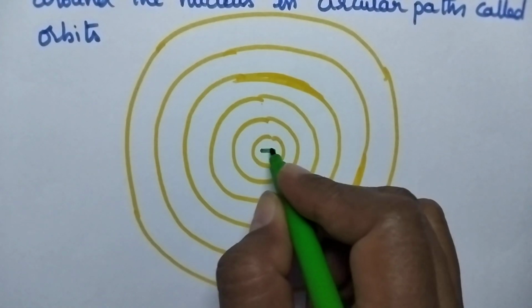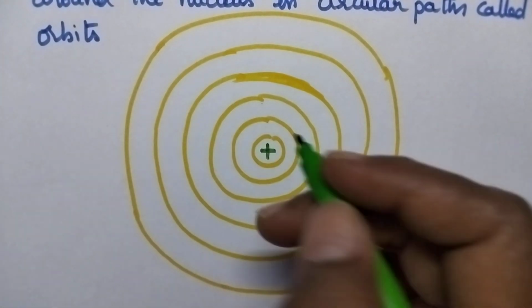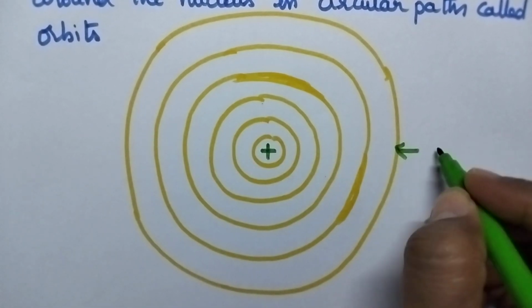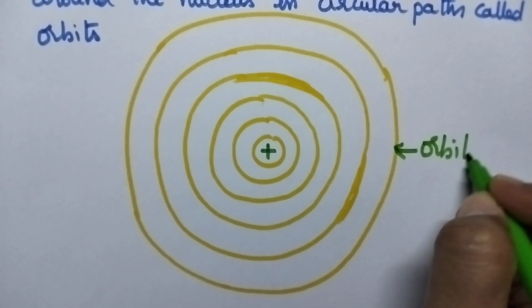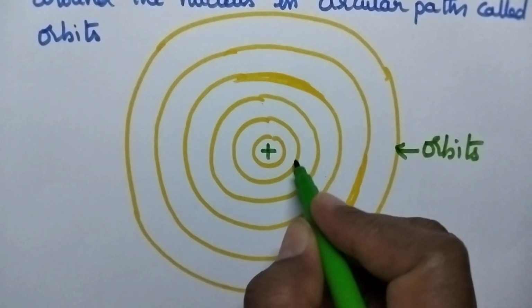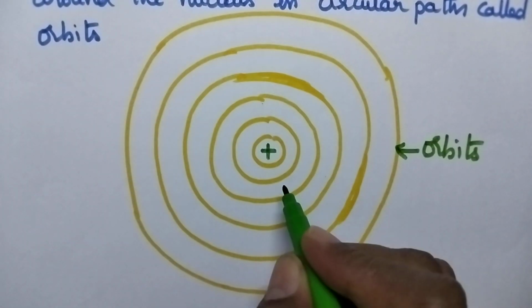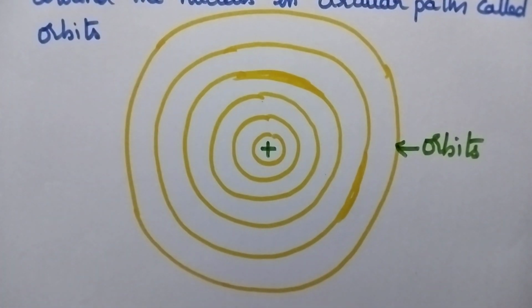It is the nucleus of an atom, and here these circular paths are called as orbits. So the electrons revolve around the nucleus in circular paths called orbits.